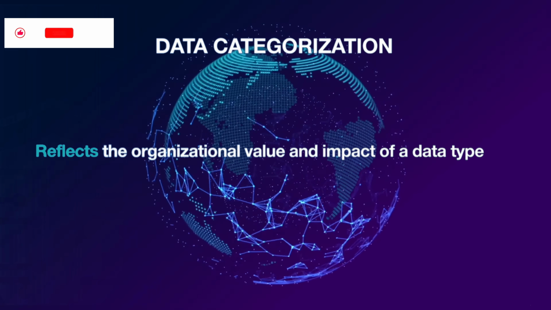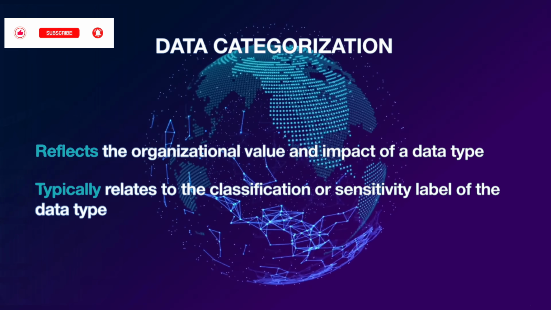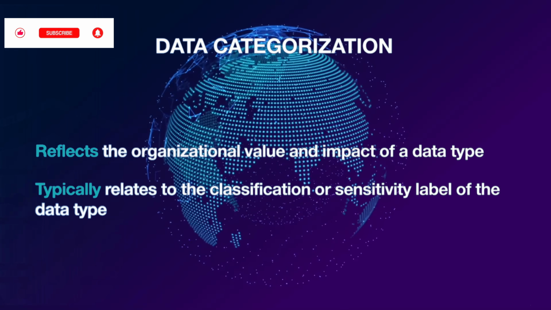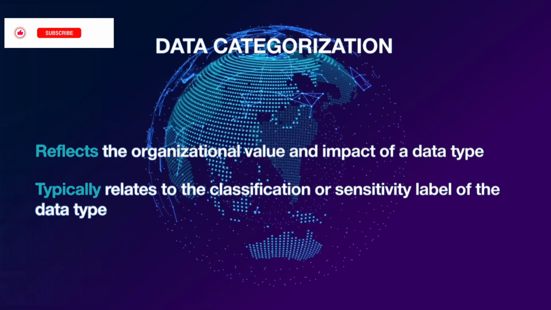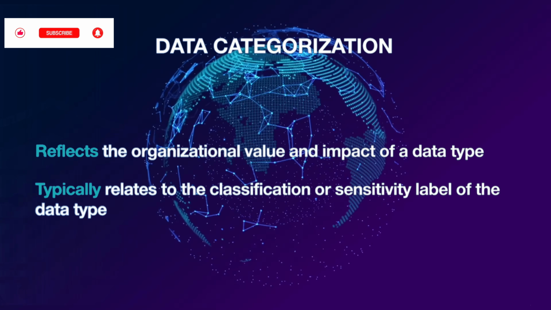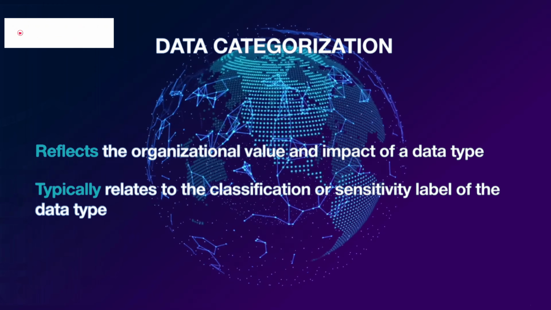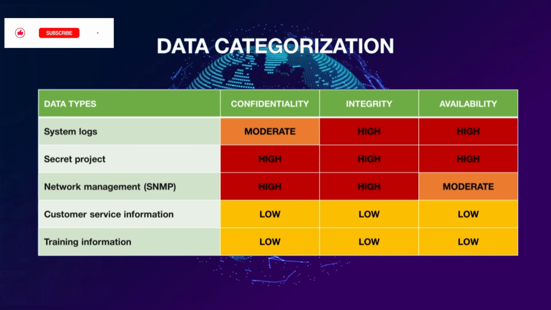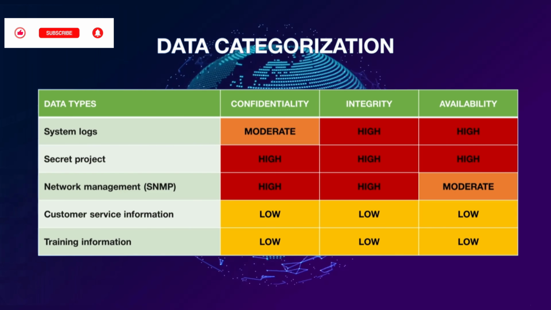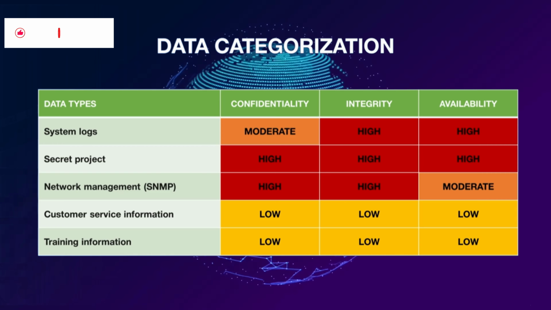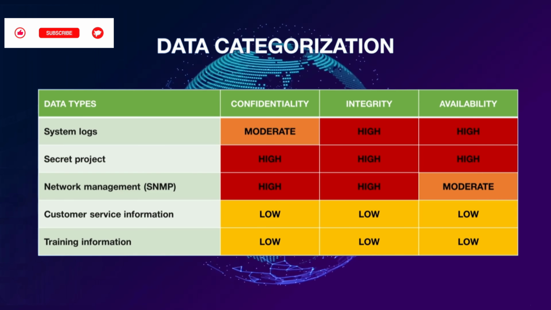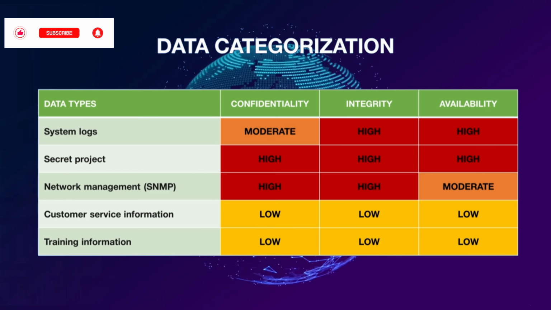For example, if we are looking at an overall categorization matrix, let's say we have system log. System log could be considered moderate in terms of confidentiality. There are things in a log that you don't want people to see, and there are things that don't really matter if they see it.